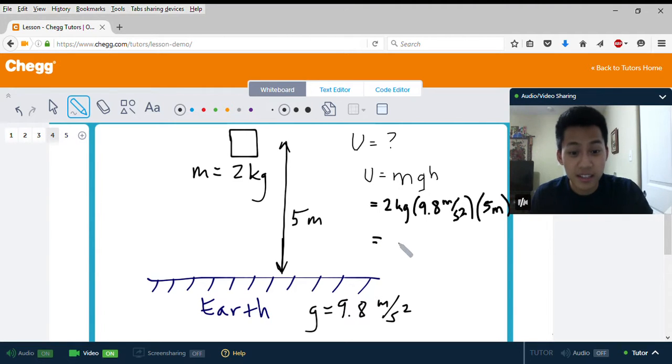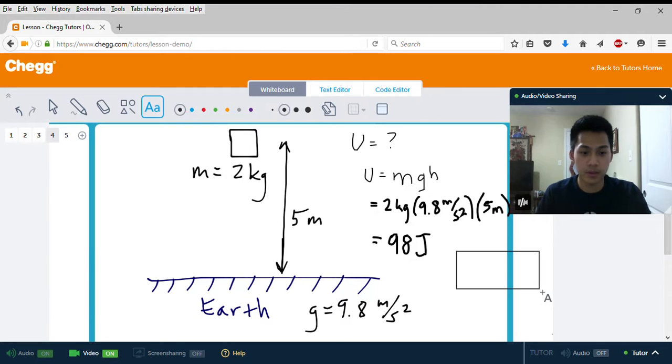It's equal to 98. And the unit for potential energy is the same unit for any kind of energy, and that is joules. That is the SI unit. 98 joules. Joules, spelled like this, just in case. And the letter that we use to write out that unit is capital J.